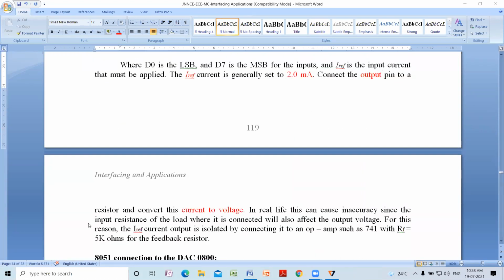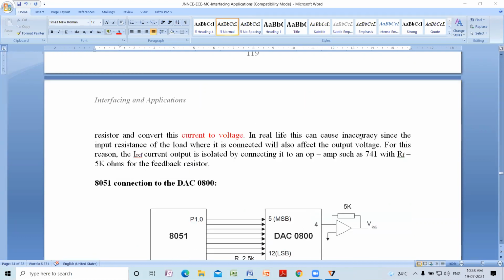If you connect the output pin directly to a resistor to convert this current to voltage, in real life it can cause inaccuracy, since the input resistance of the load where it is connected will also affect the output voltage.